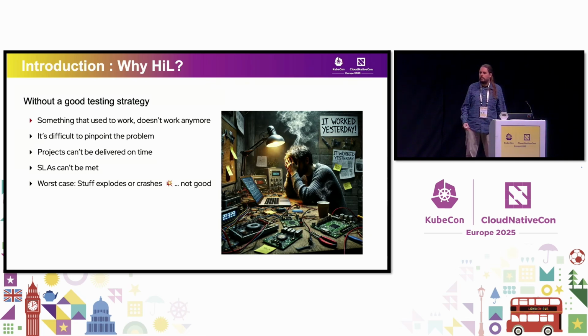Without a good testing strategy, we all know what happens. Stuff that used to work doesn't work anymore. It's difficult to figure out what's really happening. You cannot meet your deadlines. But in the case of hardware and the physical world, sometimes it's even worse. Something could explode or crash.